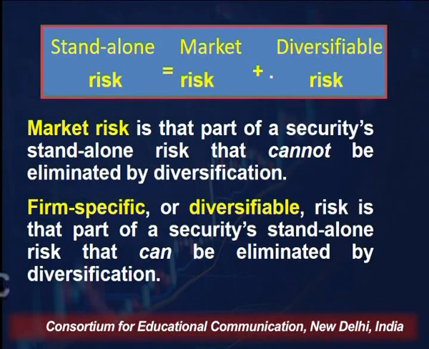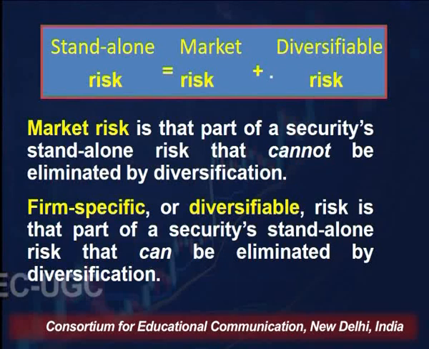Now, as I just stated, when we look at the total standalone risk, it is a combination of market risk and firm-specific risk. Market risk is that part of a security's standalone risk that cannot be eliminated by diversification. So as we just saw in the graph, 20% is something which we have to bear. That's the bare minimum risk.